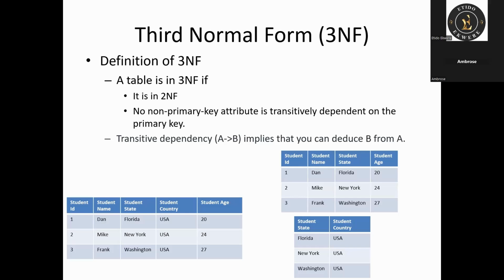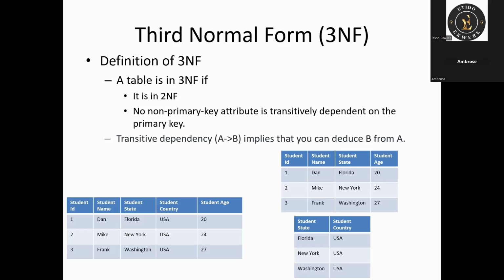Transitive dependency implies that if I can deduce B from A, then B is transitively dependent on A. On the table to the left, we have the student ID, student name, student state, student country, and student age. But you will notice that the student state and student country are transitively dependent on each other. From the country, I can get the state, and from the state, I can get the country.